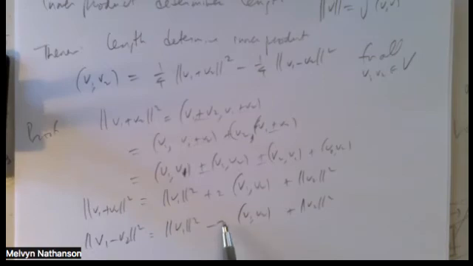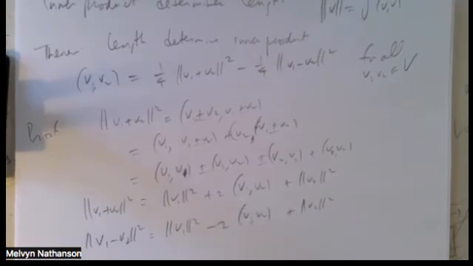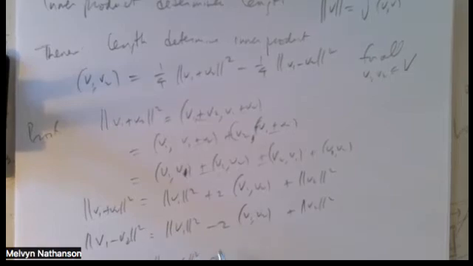And if I were to subtract the second equation from the first equation, I would get the length of v1 plus v2 squared minus the length of v1 minus v2 squared equals, these cancel and these cancel, and 2 minus minus 2 is 4 times the inner product of v1 and v2. And if I divide by 4, I get exactly this.